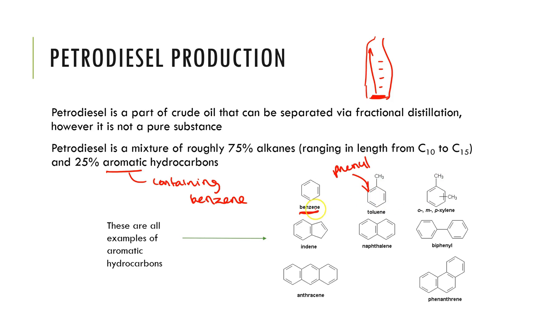Substituted benzene with a CH3 is toluene, and there are also xylenes, naphthalene, and so on. You do not need to be able to name these, but you do need to know that there are other aromatic compounds within the fraction from which we obtain petrodiesel.